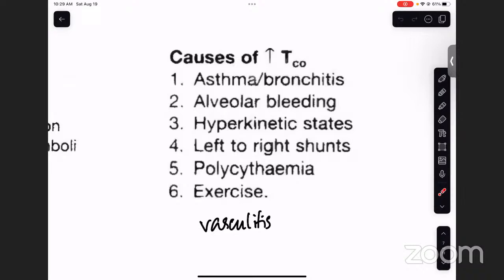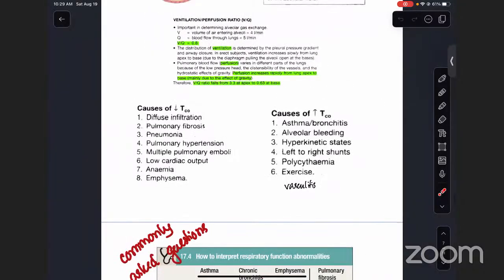And hyperkinetic states and left-to-right shunts. From left-to-right shunts, there will be more and more blood flow from the right ventricle to the pulmonary arteries, and then to the alveoli, and there will be more gaseous exchange. So increased TLCO. Okay, so you need to know the causes of reduced TLCO and increased TLCO.